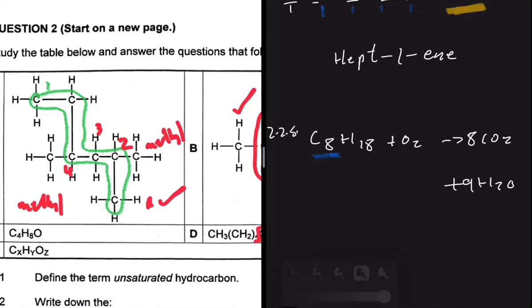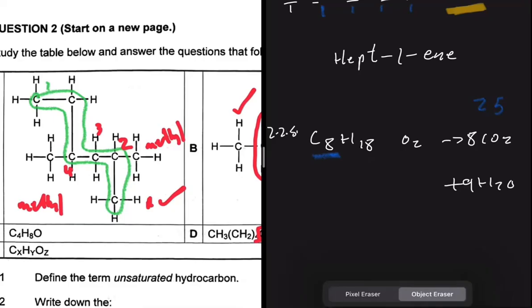Now oxygen: here we have 8 multiplied by 2, that is 16, and then here we have 9. 16 plus 9 is 25. On the right hand side we have 25, on the left hand side we have 2, so it's easy to see that we need a balancing coefficient of 25 divided by 2.